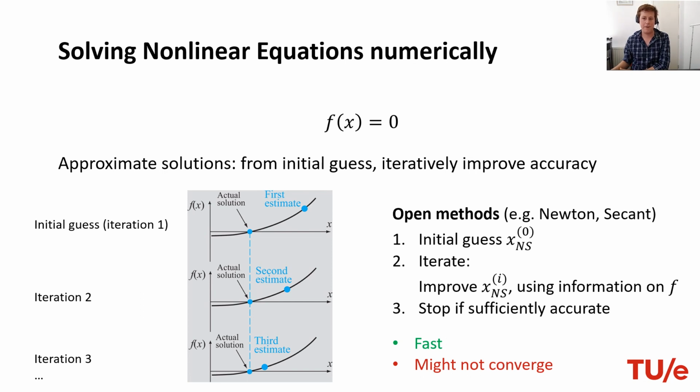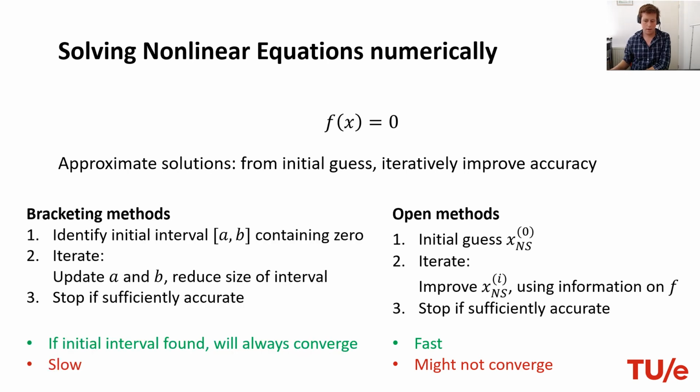They can be very fast, but they're not as robust as bracketing methods. Looking at both these classes of methods against each other, their pros and cons actually complement each other. Bracketing methods are slow, but they will always converge, whereas open methods can be very, very fast, but they might not converge to the actual solution.